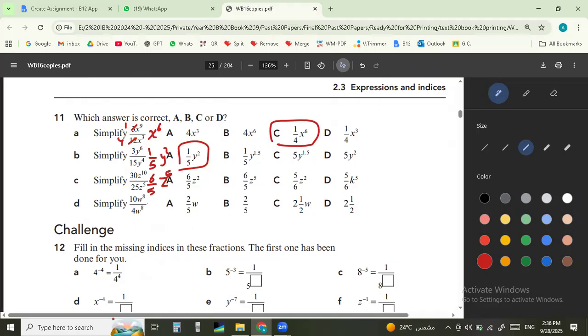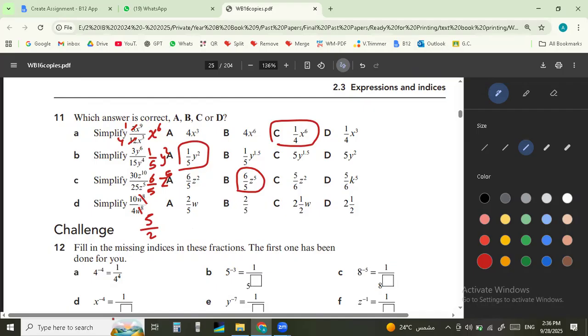But 6 over 5 z to the power of 5, which is this one. Divided by 2 will give you 5 over 2. w to the power of 8 divided by w to the power of 8, it's just bye-bye. They cancel each other. w to the power of 0, which is just 1. So it's 5 over 2.